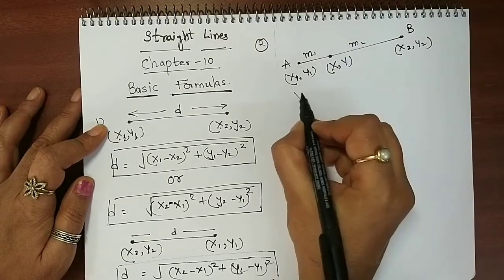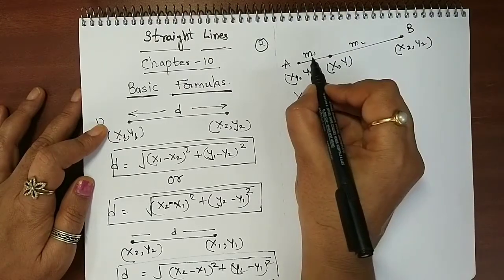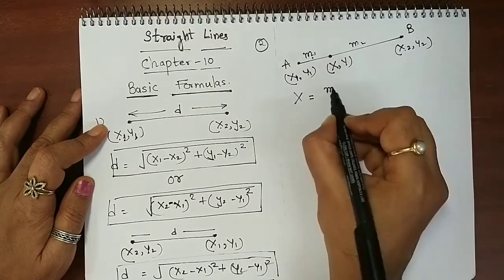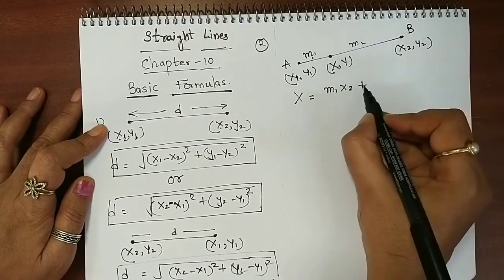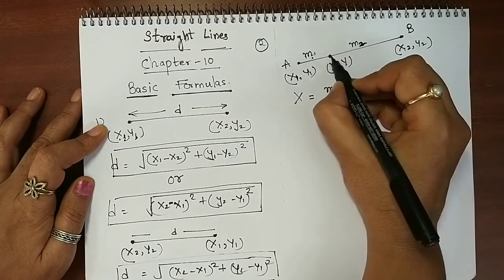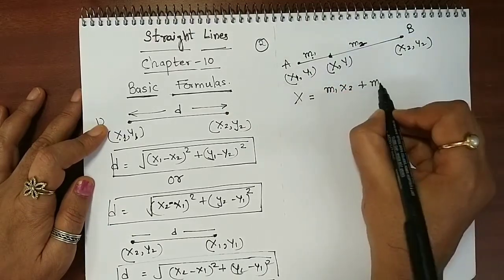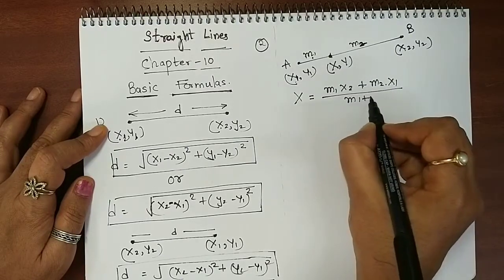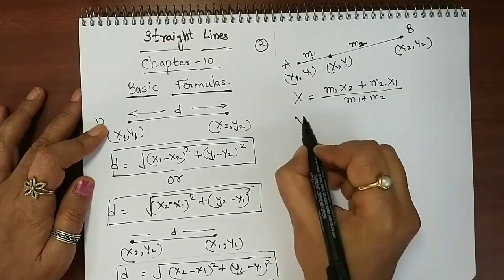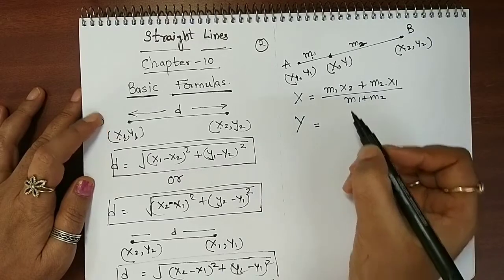So guys, x is given as (m1 x2 plus m2 x1) by (m1 plus m2), we take the opposite, m1 with x2 and this side's ratio m2 with x1.